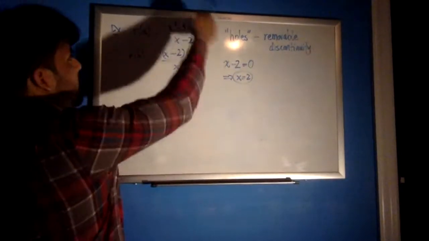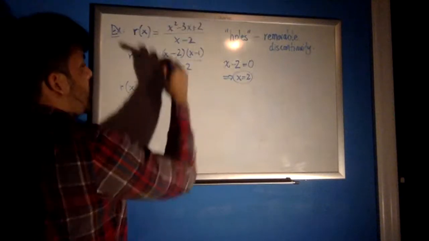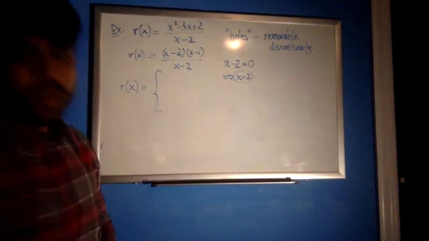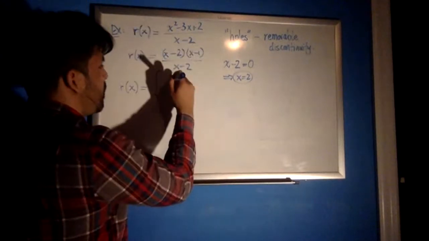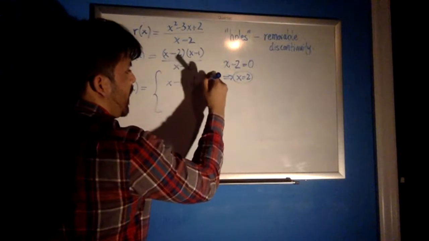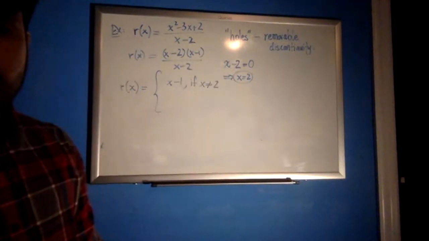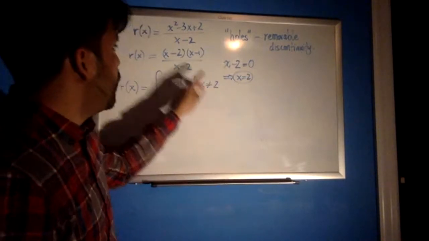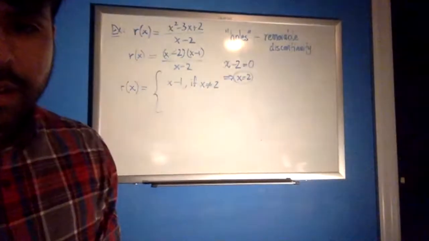So then this function, which I'm going to call r of x, can actually be written as a piecewise function. And what are the pieces? The first piece is just going to be x minus 1, if x does not equal 2. If x does not equal 2, I can cancel these out, and I'm left with x minus 1.